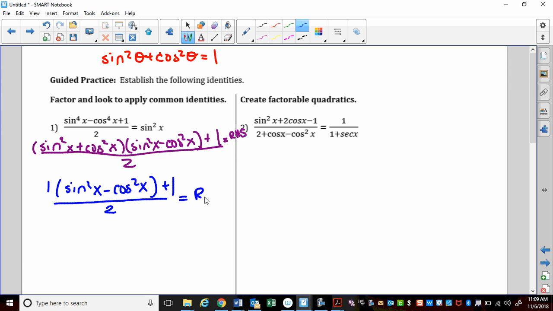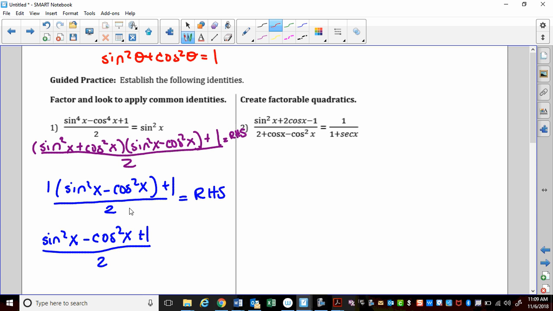We're trying to see if this equals the right-hand side, which is sine squared x. I can kind of get rid of these parentheses. This is just sine squared x minus cosine squared x plus 1 all over 2.